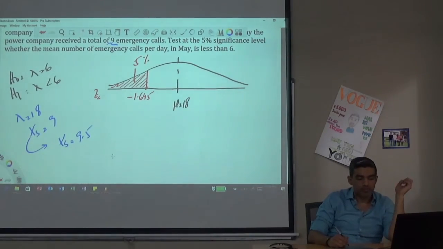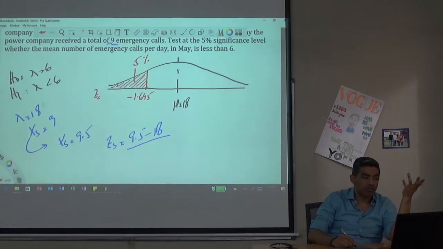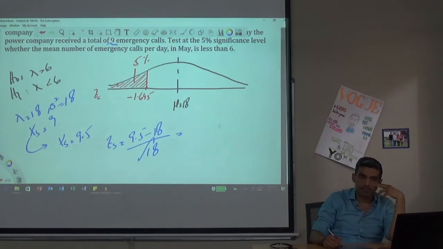Okay, so let's convert this to the Z statistic. The variance is also 18, so it's root 18. Negative 2.003.